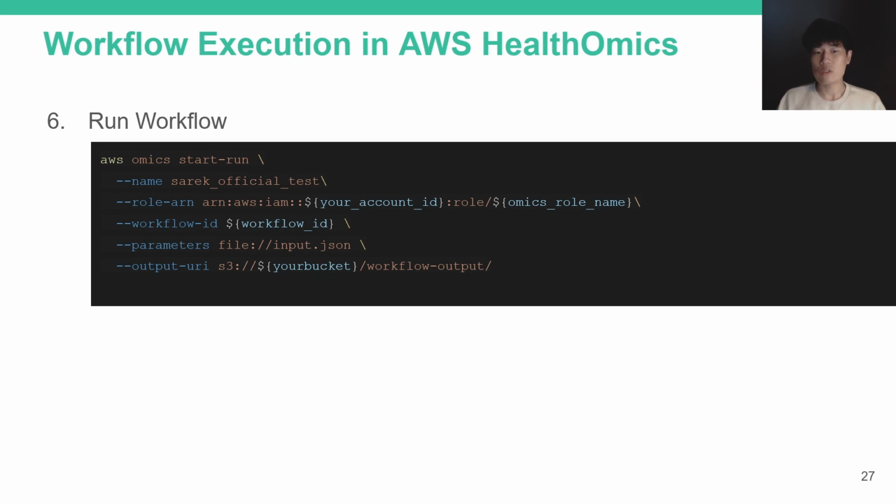The path you are going to provide in the output URI is mapped to the /mnt/ directory inside the workflow's container. And HealthOmics then automatically adds a directory for the unique workflow ID. So in the end, the final output path will be structured like S3, then your bucket, then workflow-output, then your workflow ID, and after that pop_dir.